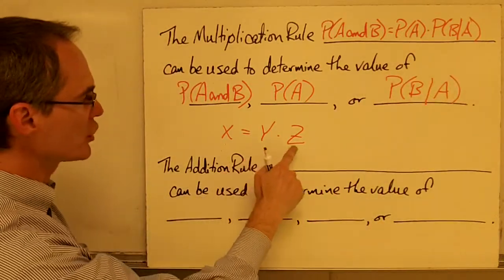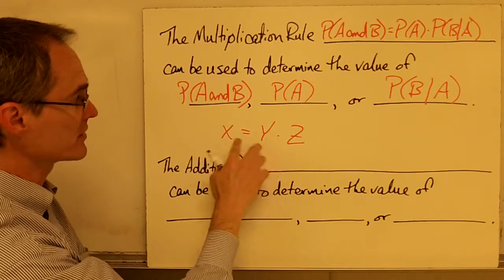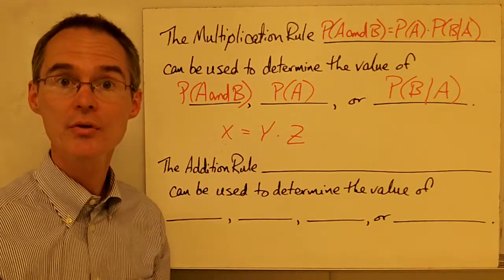Well, if you happen to know any two of these quantities, x and y or x and z, you can find the value of the third quantity.